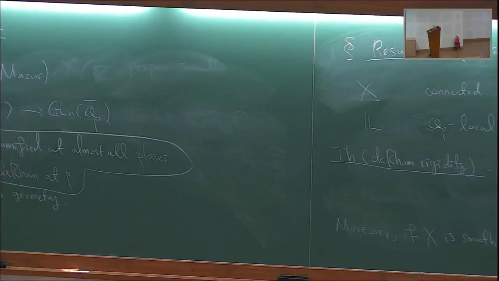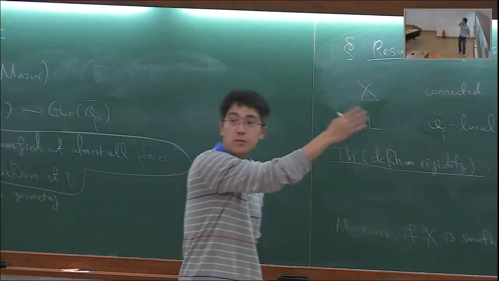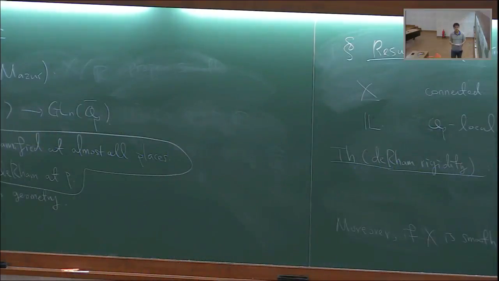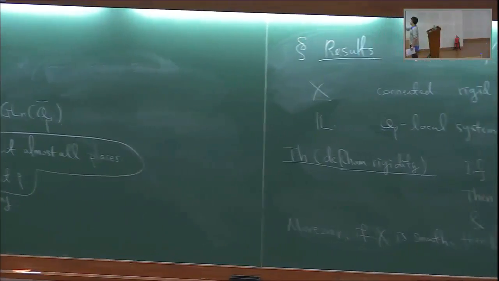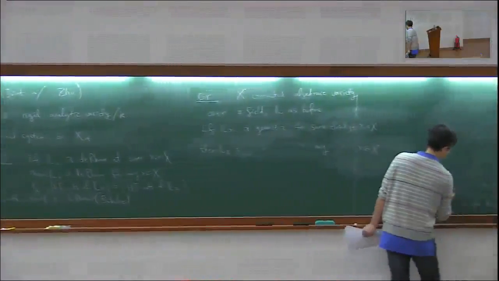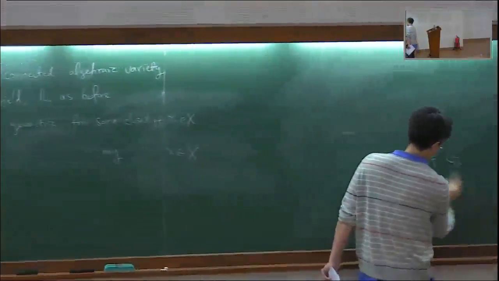And the conjecture is that if it has this geometric property, which is purely representation theoretical, then it should come from geometry. And here we only take the representation theoretical part.